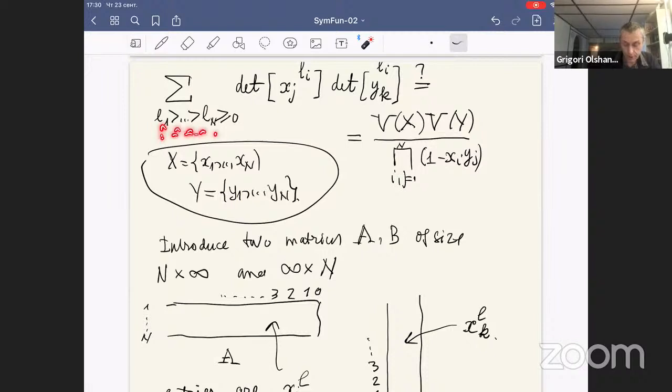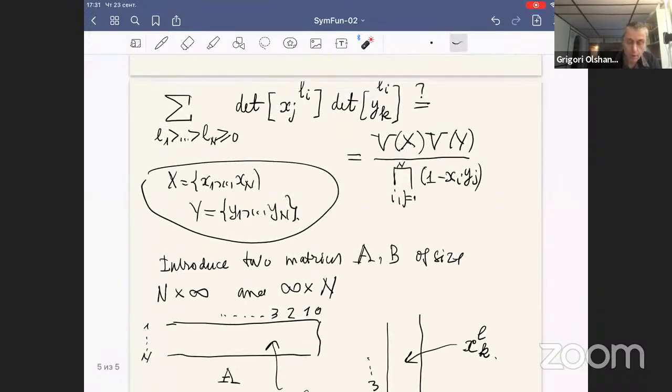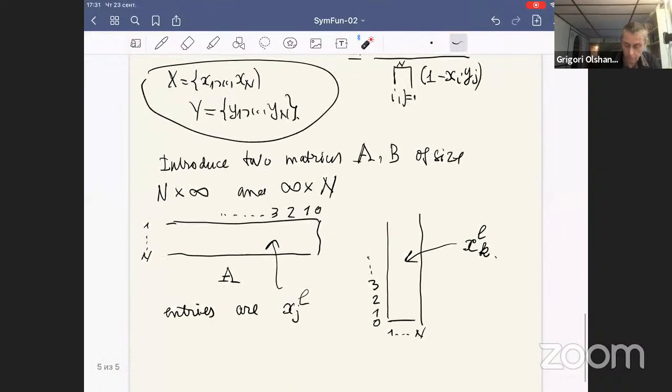Just we read them just in this way. And here we have a similar minor, which is this one. And we have to take the sum over all possible minors of size n.